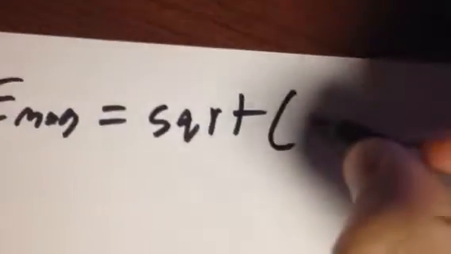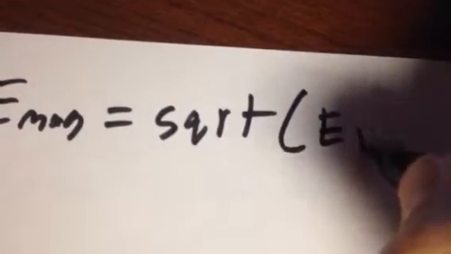Alright, so now for part D, let me get a new piece of paper. Part D is asking us to write a line of code to calculate the magnitude of the electric field. It's the same way you found rmag. You're going to say Emag is going to equal the square root, once again basically the Pythagorean theorem.